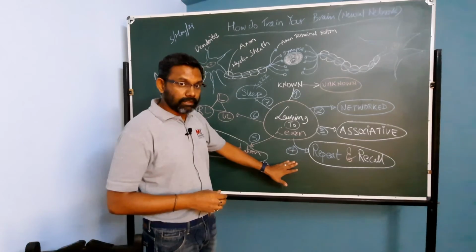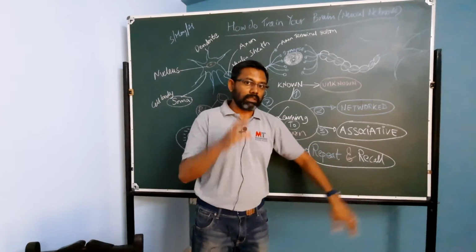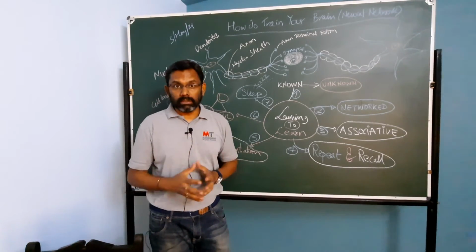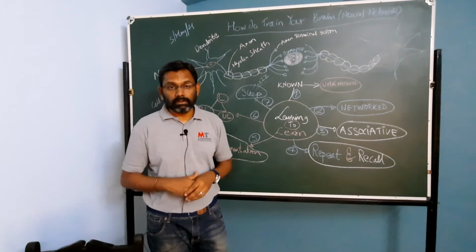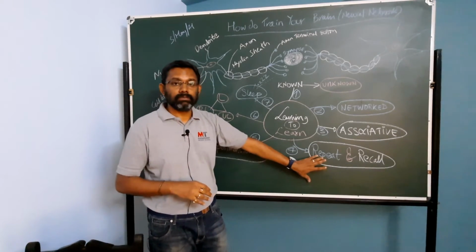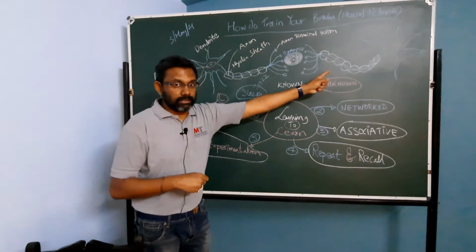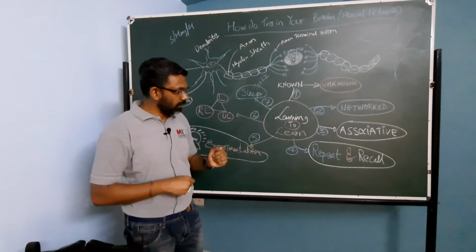Fourth key success factor is we need to repeat and recall whatever is stored in our memory. It's not enough to read something once or listen to something once or watch something once. It's important to repeat so that we can make the process of learning in our brain quicker, as explained earlier.